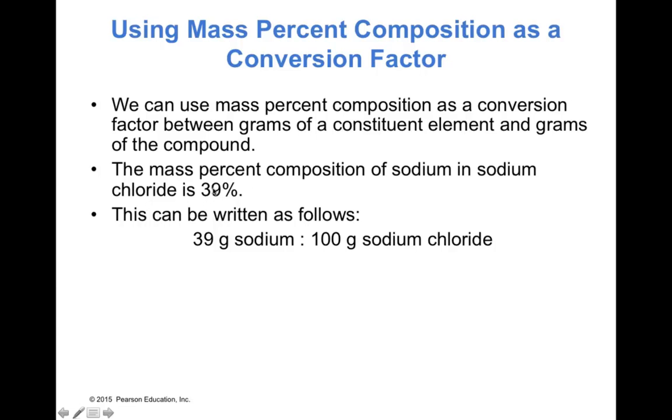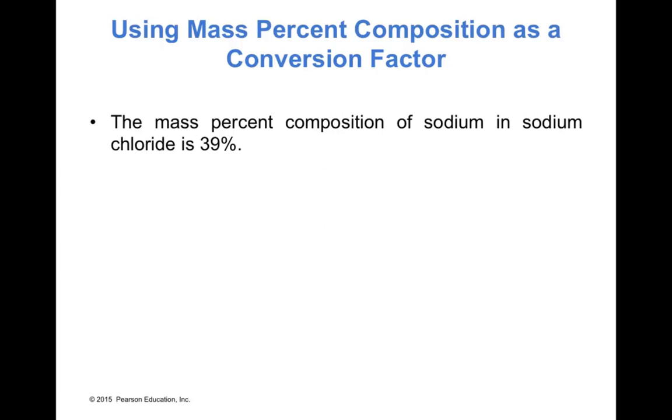So that means that 39 of the 100 parts are from sodium, while the 61% is from chlorine. So by using the sodium relation, we can find a conversion factor, okay, of 39 grams of sodium for each 100 grams of sodium chloride, and that will be the conversion factor obtained from the mass percent composition.